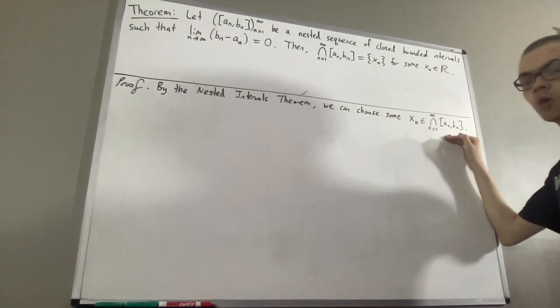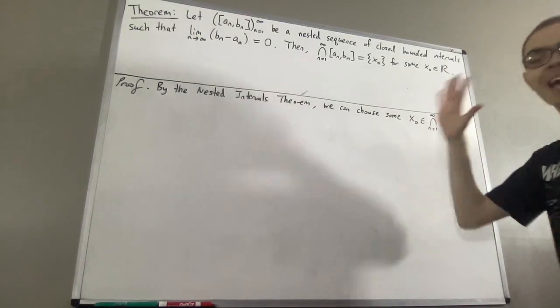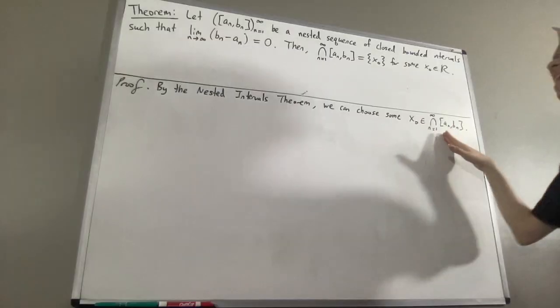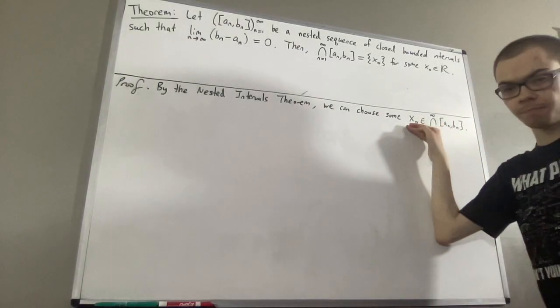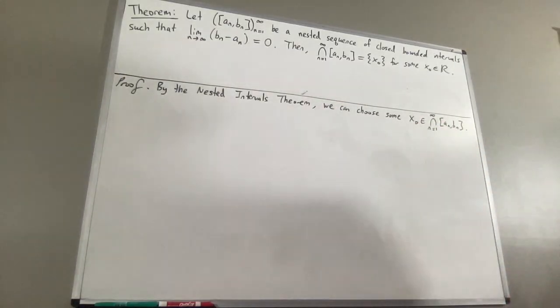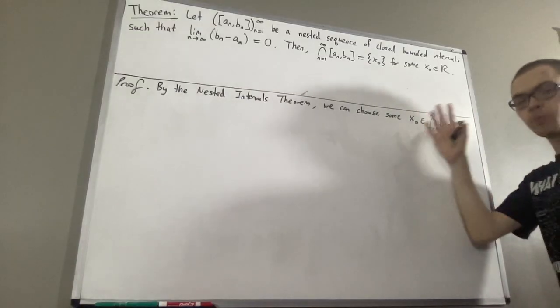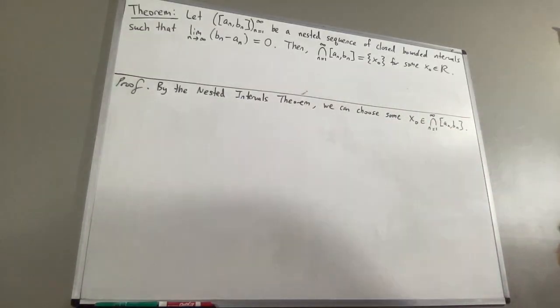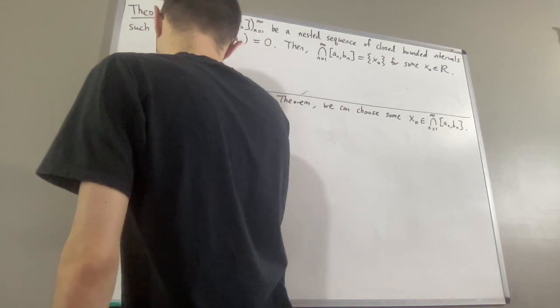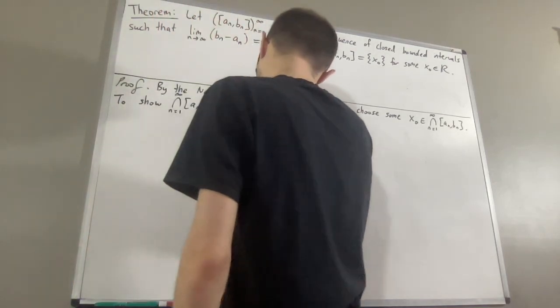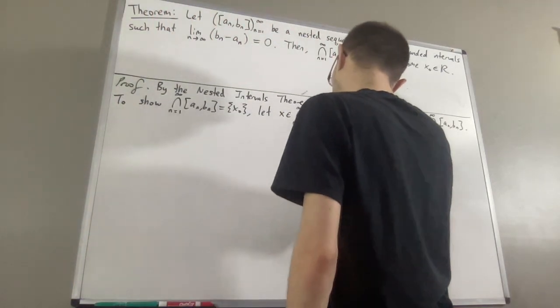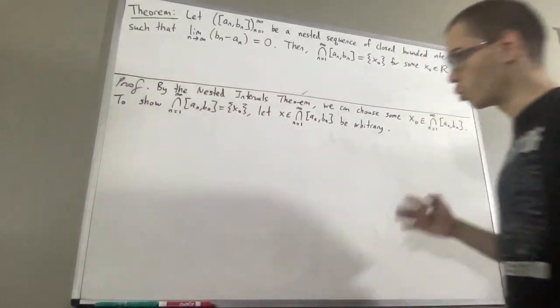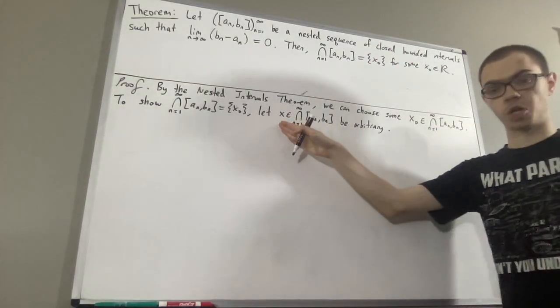And to prove that, we're going to show if x is any element of the intersection, then x has to be equal to x0. That's how we're going to do it. So let's give ourselves an arbitrary real number x, which belongs to the intersection. From here, we want to show that x is equal to x0.